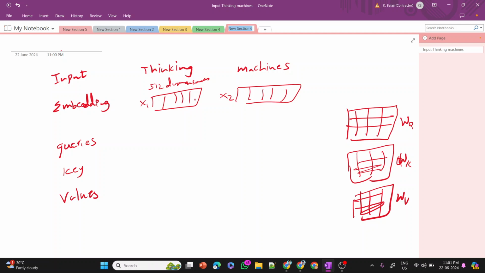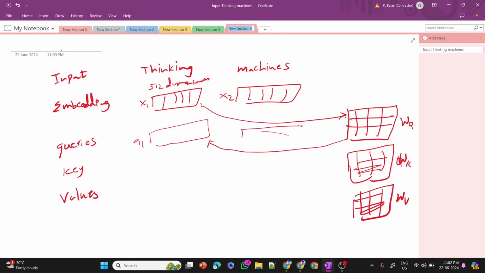Each word vector will be multiplied with these weights. For example, this is multiplied with this and it will give some output that will be stored in Q1.